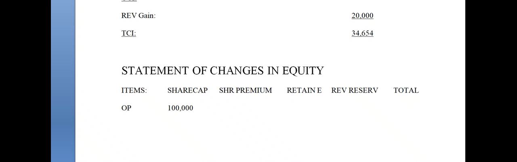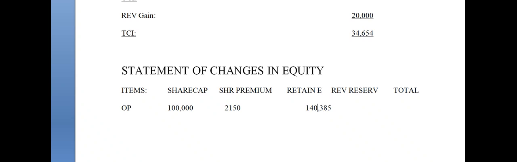What's for share premium? 2,150. Retained earnings? 143,385.